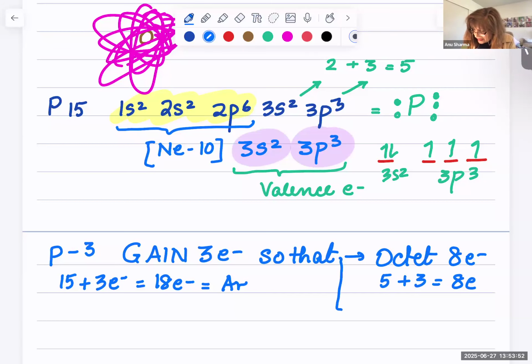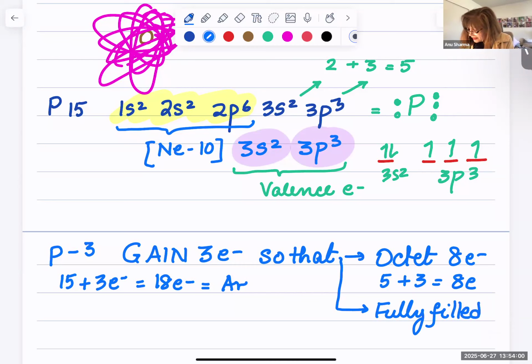That's one reason. The second is that it will have fully filled p orbitals.